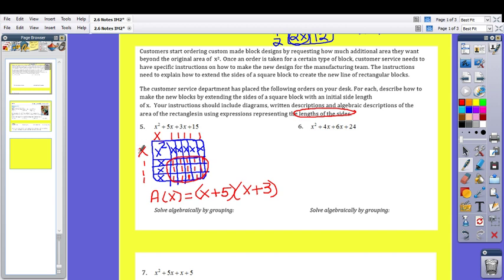If we are putting the sides counted, then it's this. Now it is asking us to do the same thing the algebra way. So algebraically, we will write x squared plus 5x plus 3x plus 15.